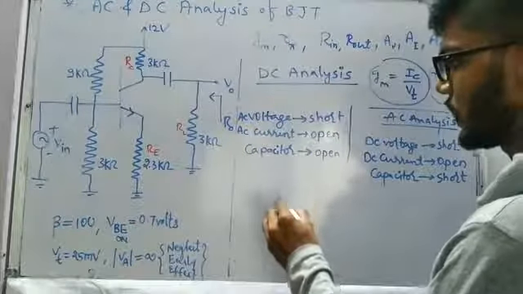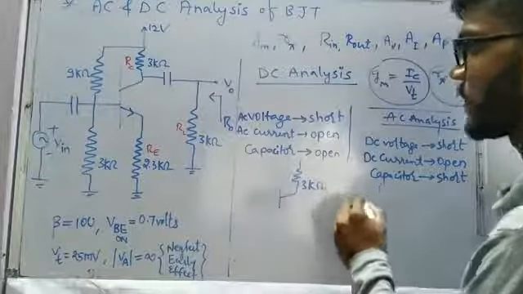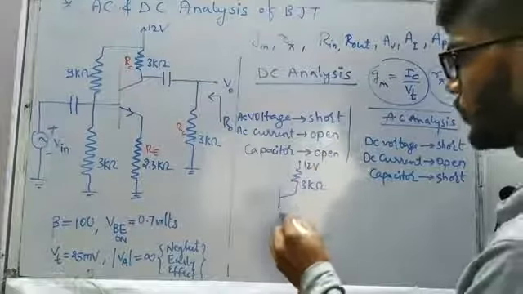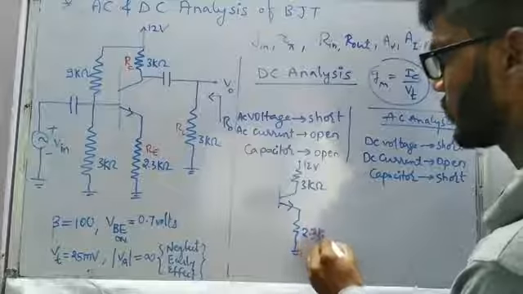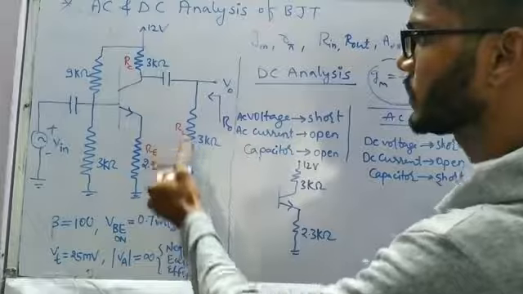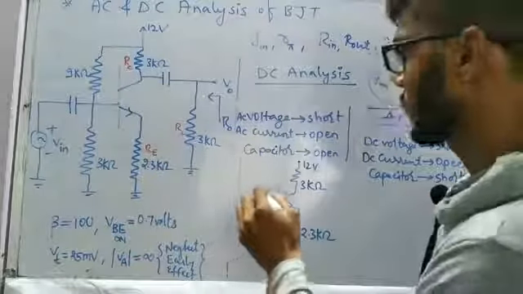So for DC analysis, the collector resistance is 3 kilo ohm and the voltage supply is 12 volt, and the emitter resistance is 2.3 kilo ohm. Now the capacitor has to be open circuited, so there is going to be no path over here and we need not take any branch.